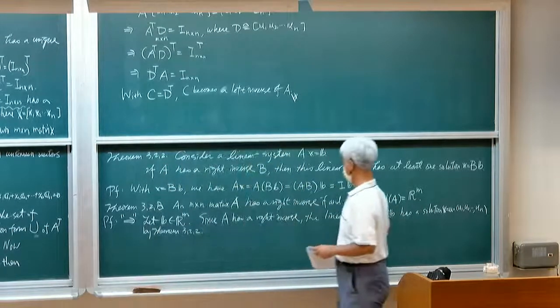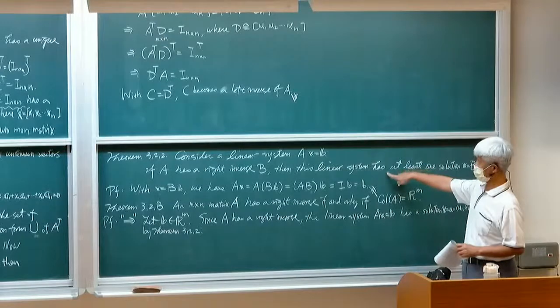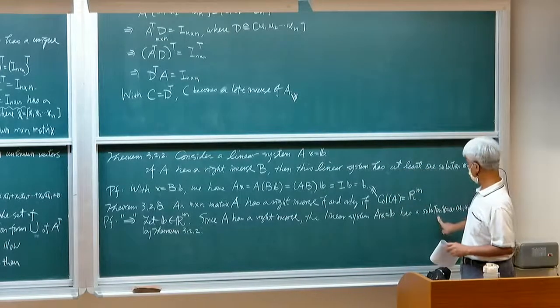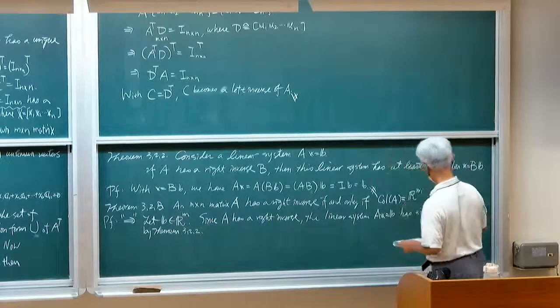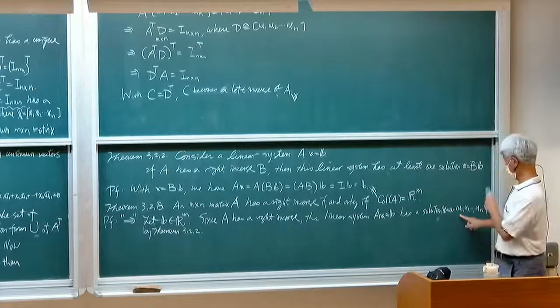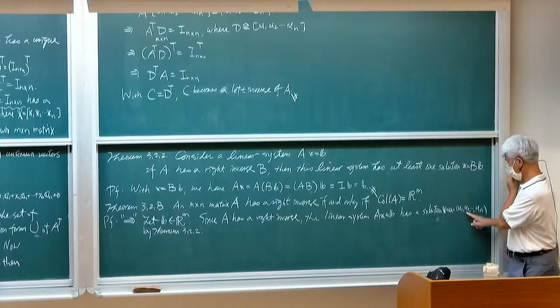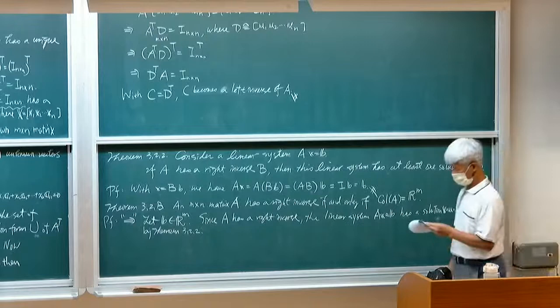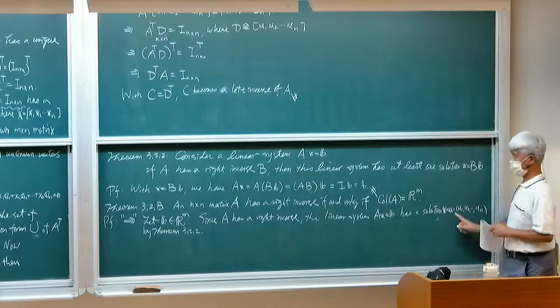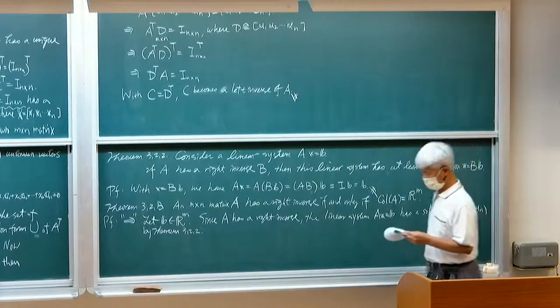The previous theorem tells us that we have a solution, and we call this solution u. So u1, u2 up to un are components in this vector u.